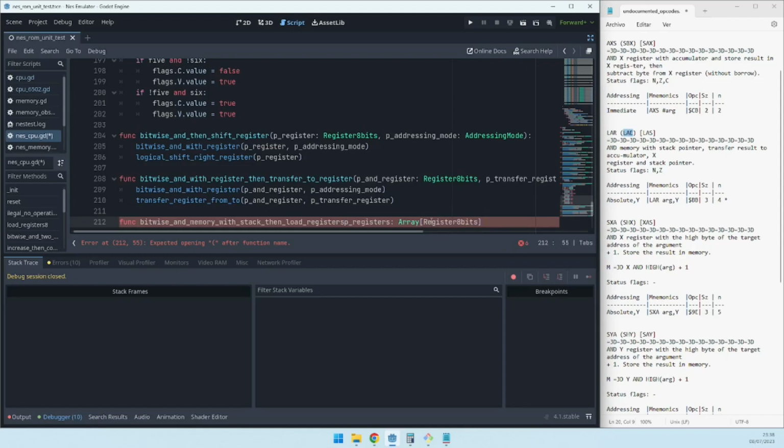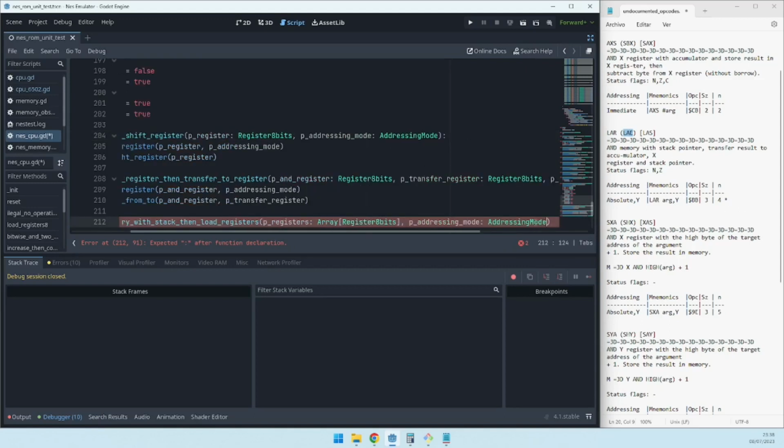This was parentheses. And the addressing mode, so strange.